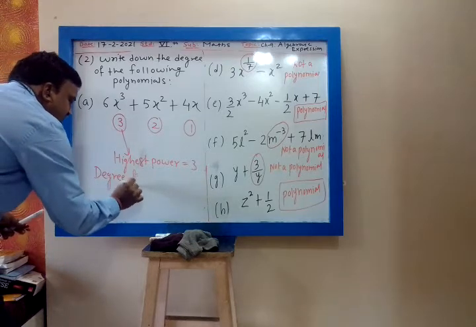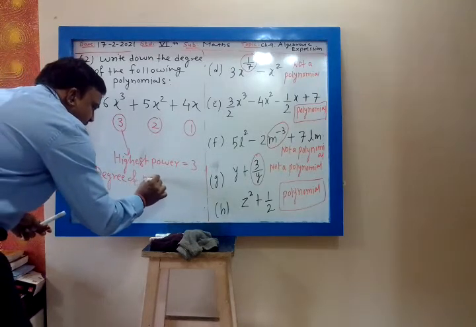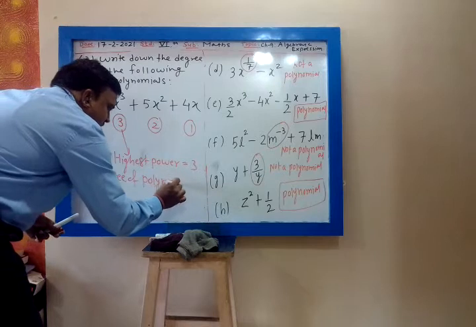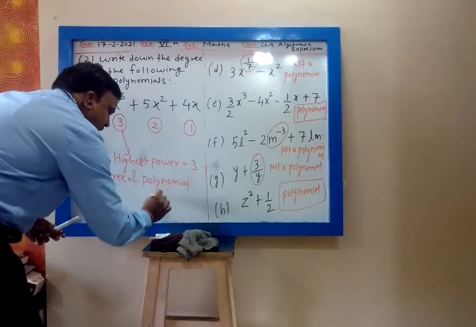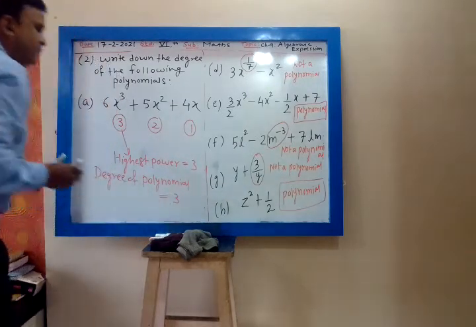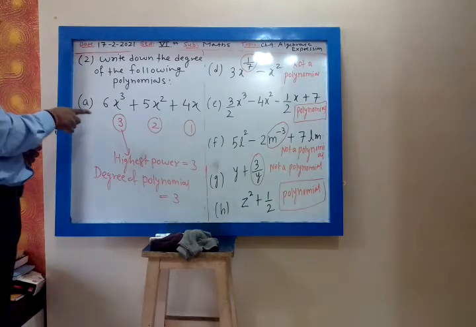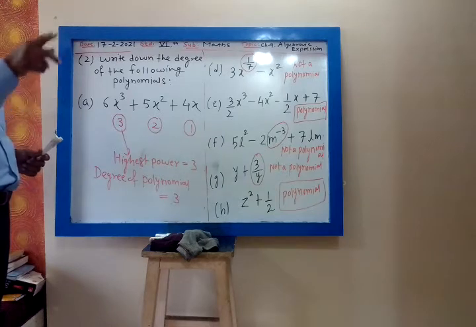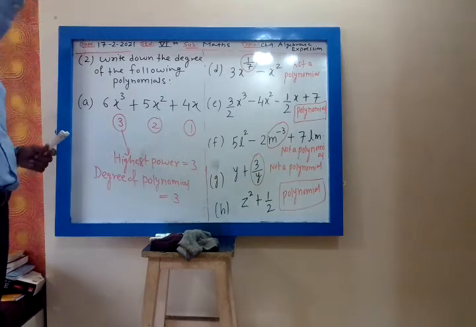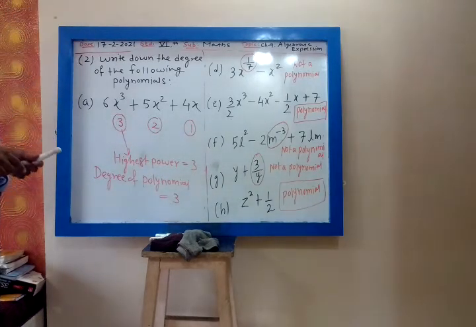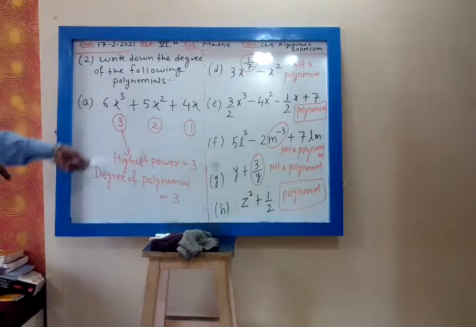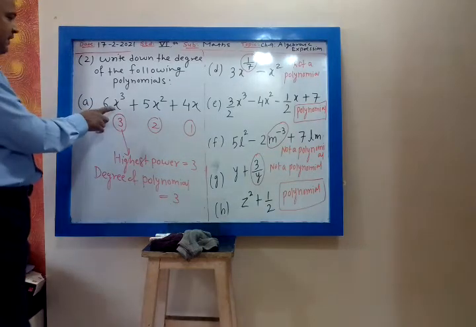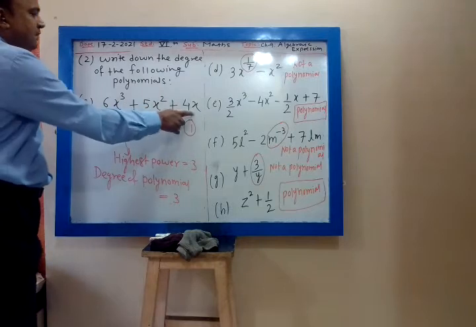Degree of a polynomial: in each term you have to find the power of the variable. The highest power of the variable is called the degree of the polynomial. Write down this. Power of x 3, power of x 2, power of x 1.